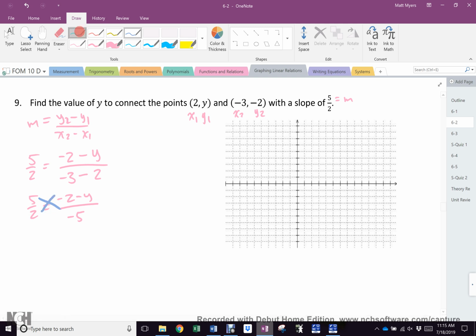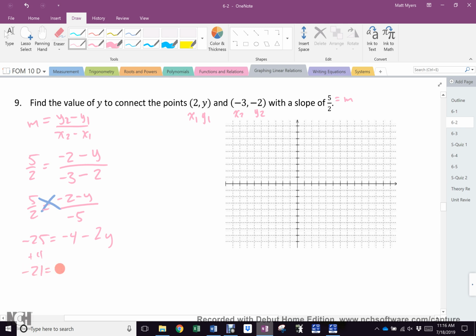Cross multiply. What is 5 times negative 5? Negative 25 equals, what is 2 times negative 2? Negative 4 minus 2 times y. 2y. How do I solve that? What happens with this 4? Plus 4 first.